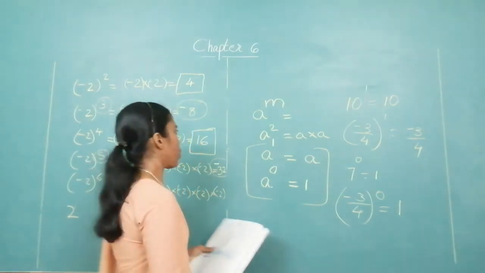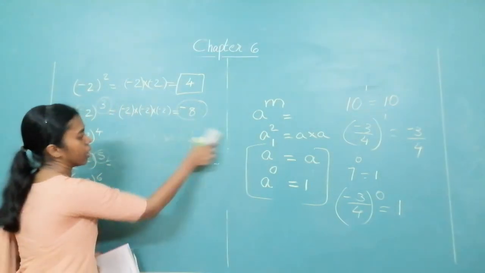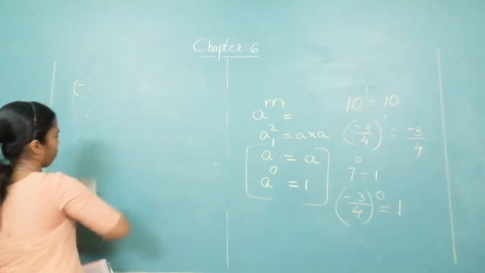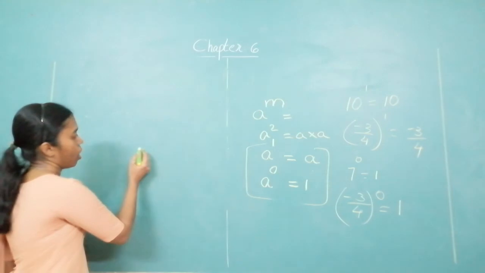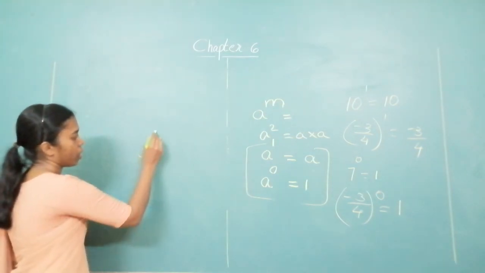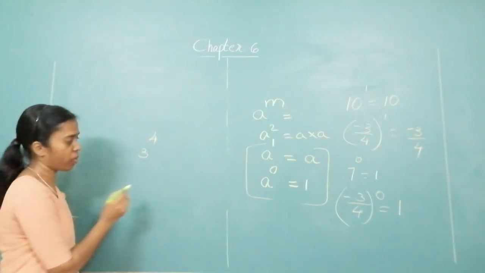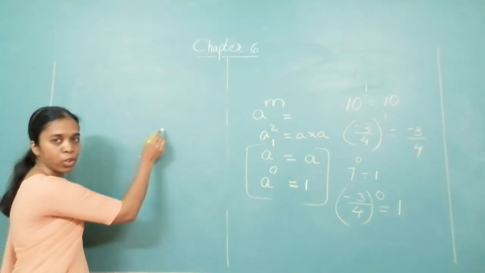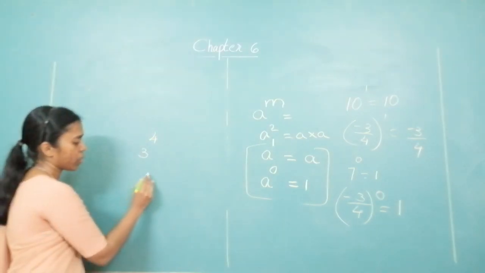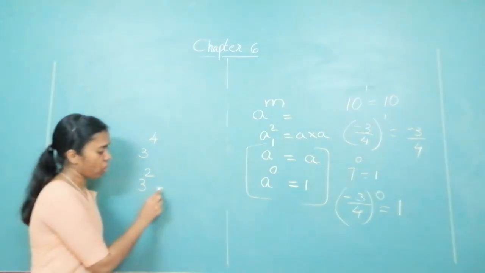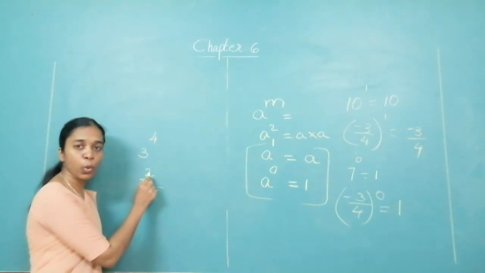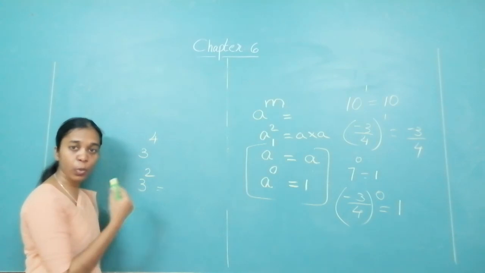Now, I told you when we write the index form, I have 3 raised to 4. Okay, what do we call it as? Suppose it is 3 raised to 2, then we call it 3 squared.